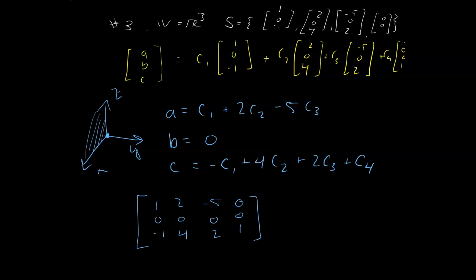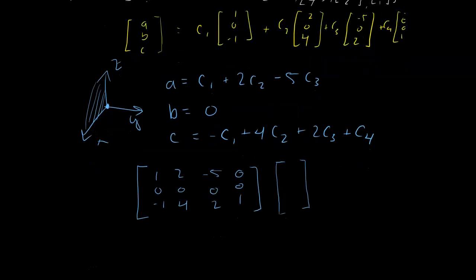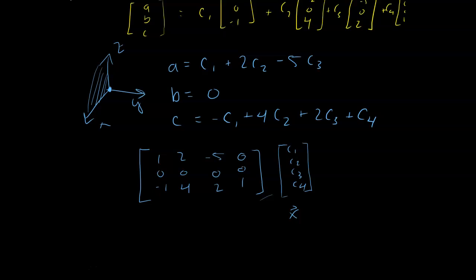So turn it into a matrix. We could multiply it by some vector x, but in this case, your vector x, you might just call it C1, C2, C3, C4. And this is going to be equal to some arbitrary vector. You can call it vector b, or for our purposes, you might call it A, B, C.